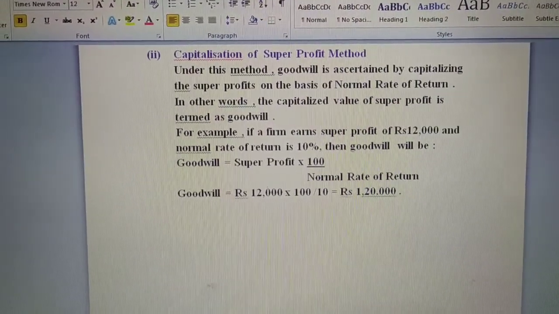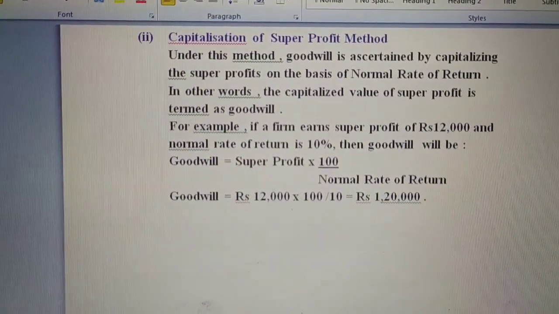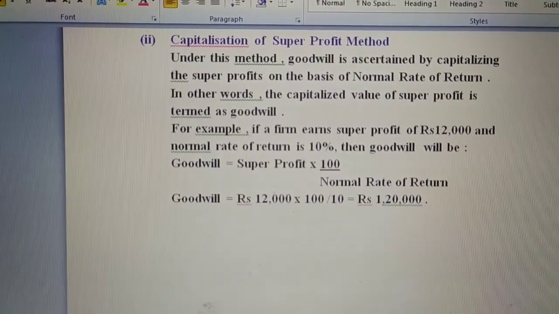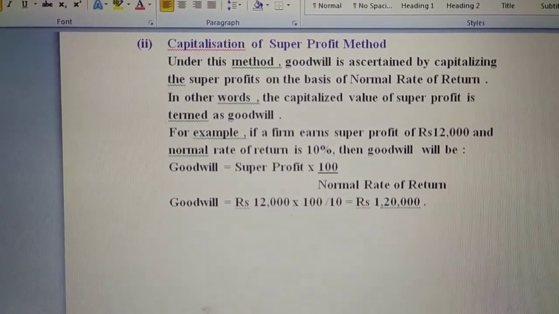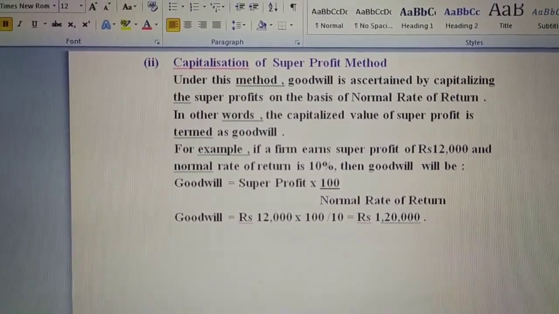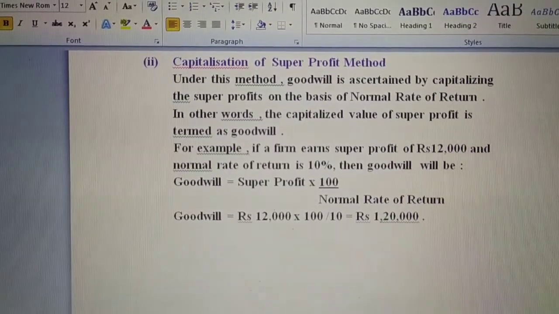So here is the meaning of capitalization of super profit method. Under this method, goodwill is ascertained by capitalizing the super profit on the basis of normal rate of return. In other words, the capitalized value of super profit is termed as goodwill.